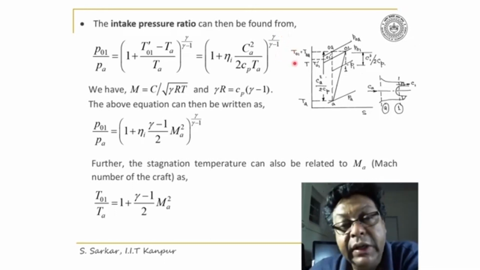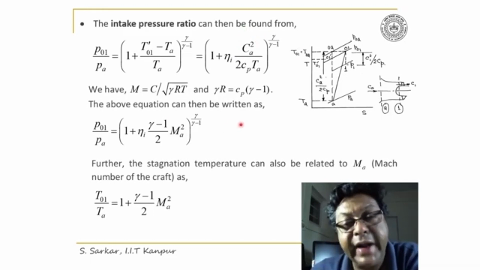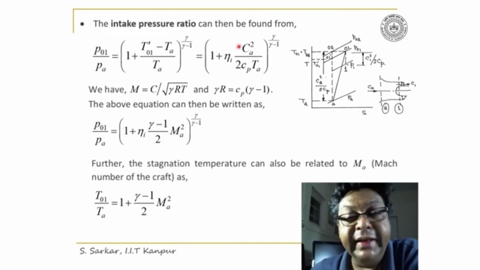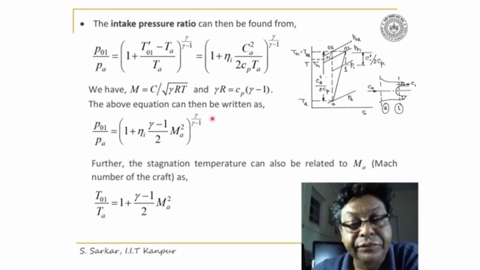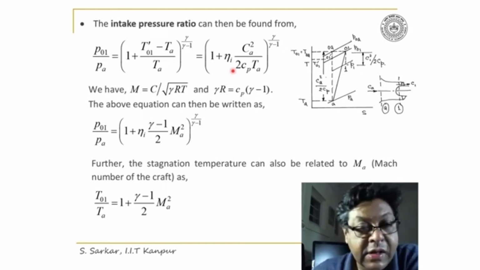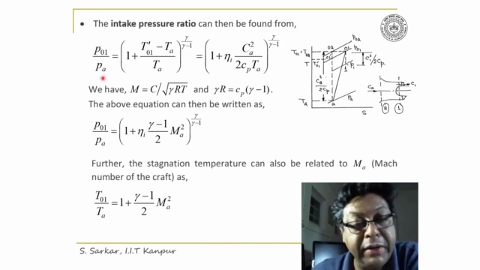Thus, if we know Ca, which is the craft speed, and atmospheric condition, that is Ta, considering eta I, which is the efficiency of the intake, we can define the ratio of P01 by PA.